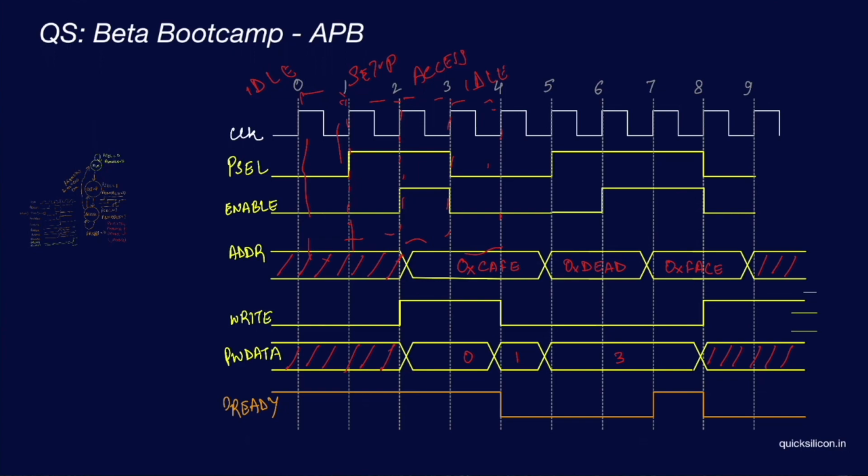So since your master was not able to assert your data or your address on the right cycle, that is on cycle 6, your data should have got changed, but it got changed one cycle later, which is a protocol violation. So the entire system behaved incorrectly. That is, your slave saw the incorrect address, it returned the incorrect data, and then whatever incorrect data has been returned will go back and cause issues. So this is a case where your protocol violations can actually lead to functional problems also.